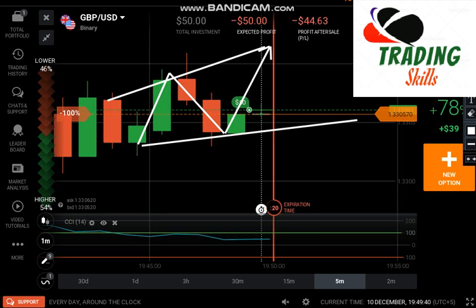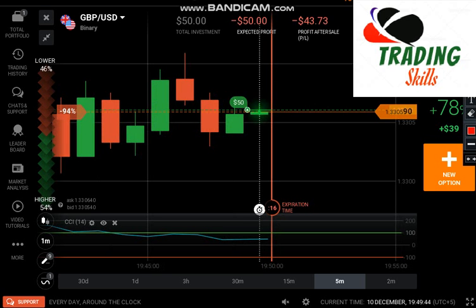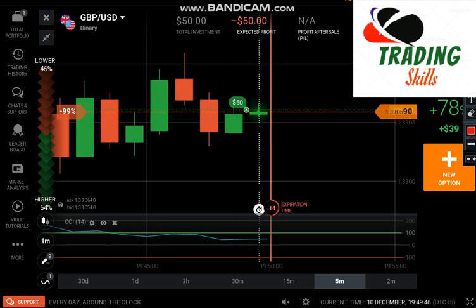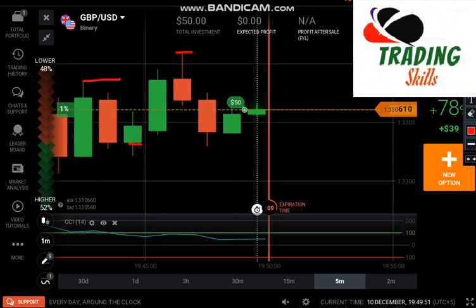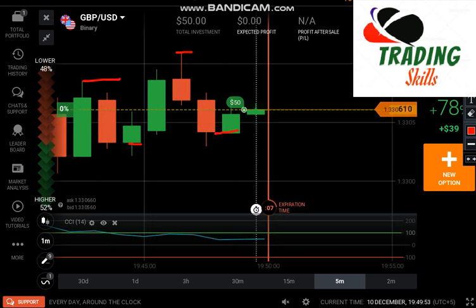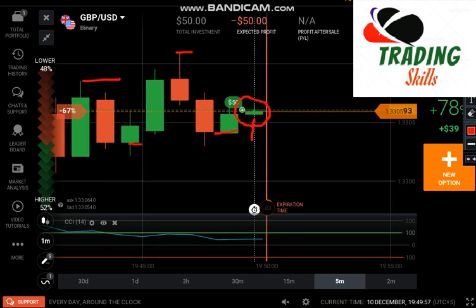You can see here, market is making new highs, and you can see the pattern is working 100% here, so therefore this candle will close as a bullish.